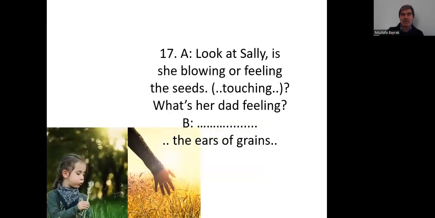Look at Sally. Is she blowing or feeling the seeds? Yes, she is blowing the seeds of, it has a beautiful name, but I can't remember. We don't use it very often. I advise you to know that flower.